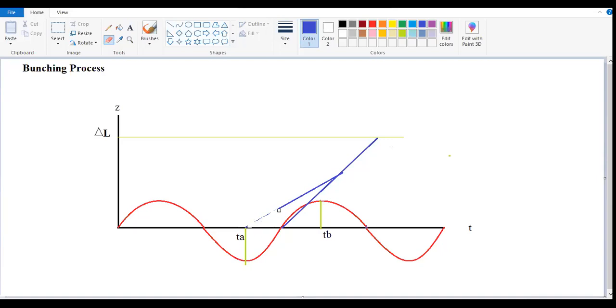The distance you can take anywhere, that is not any problem. The one electron travels from this to this, another from here, another from here, this way. Okay, so I hope it is now more clear.